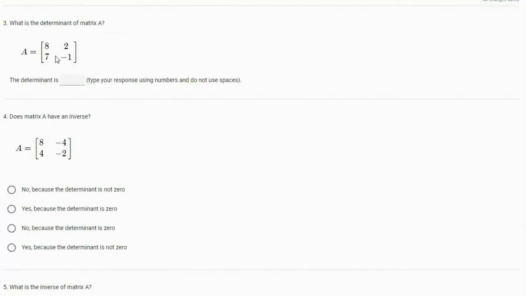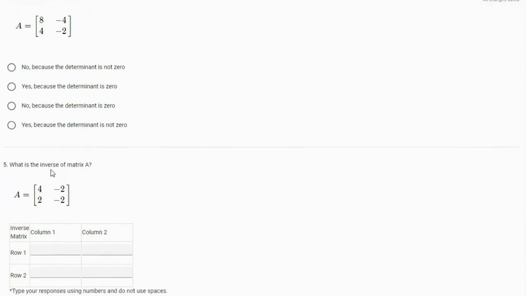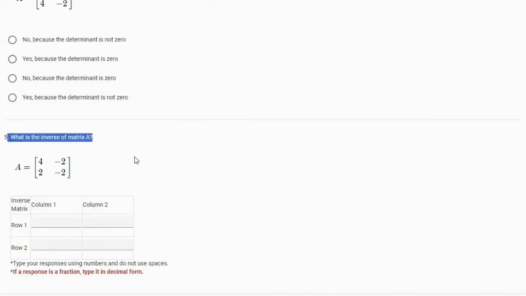AD minus BC. Does this have an inverse? Well, take AD minus BC. And what is the inverse? Here's the one where we actually calculate the inverse. You take 1 over the determinant times the matrix with A and D swapped, and do that multiplication.